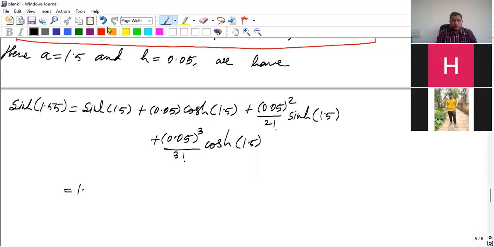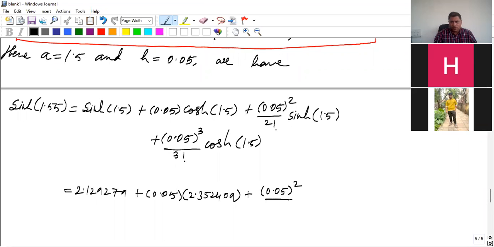What do we have? This is going to be 2.129279, plus 0.05 times 2.352409, plus 0.05 square by 2 times 2.129279, plus 0.05 cube by 3 factorial, that is 6, times 2.352409.